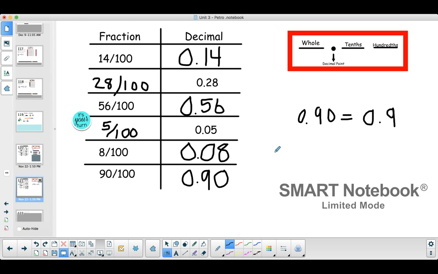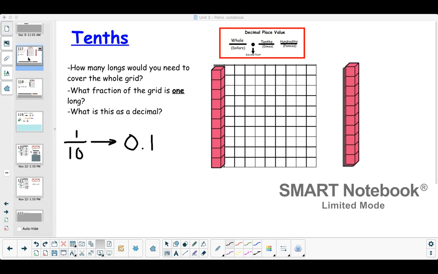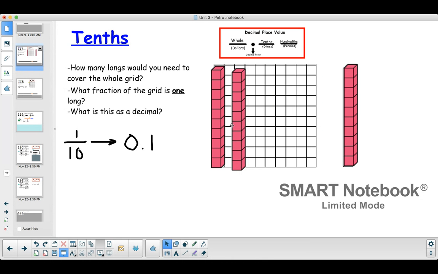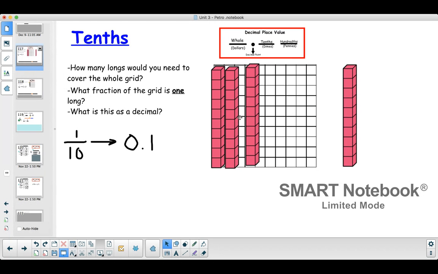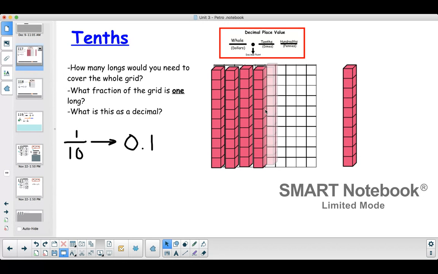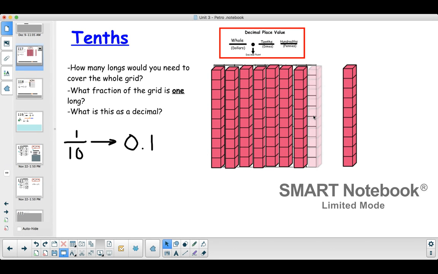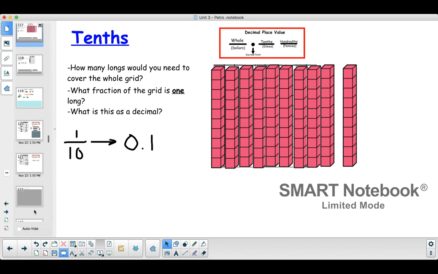Because 90 hundredths, if we go back to our grid, would be 90 of our boxes shaded in. So I'm at 30, 40, 50. So that's 90 boxes, which is equal to 9 longs, or 9 tenths.